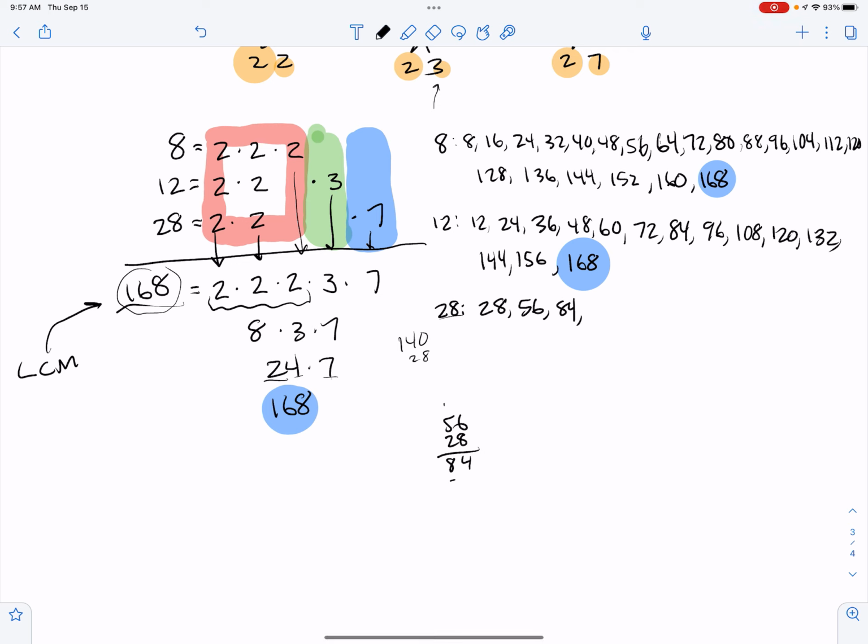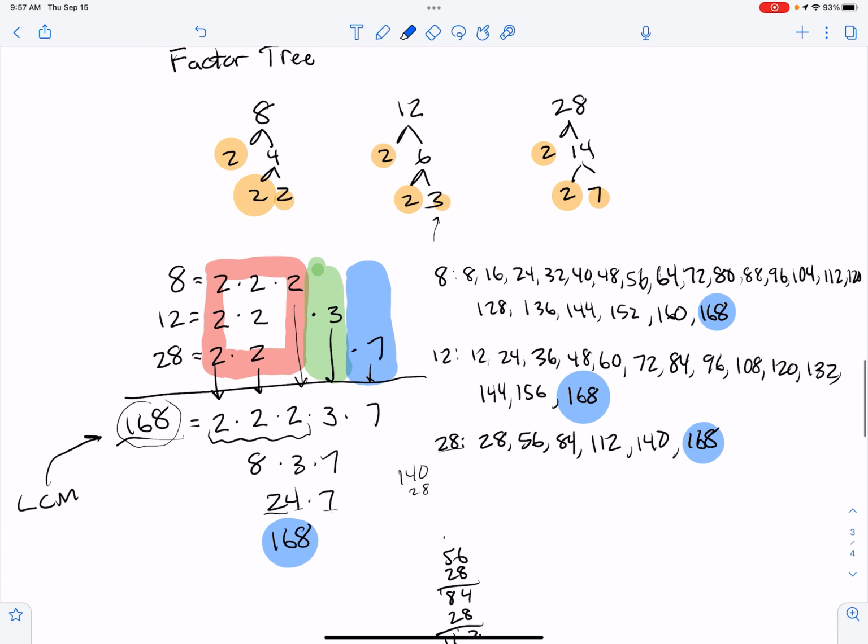And then 84 plus 28 is 112, plus 28 is 140, plus 28. All right, so it does look like 168 is our first, or our least common multiple.